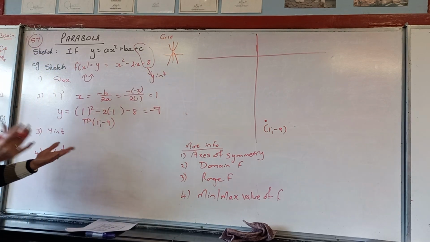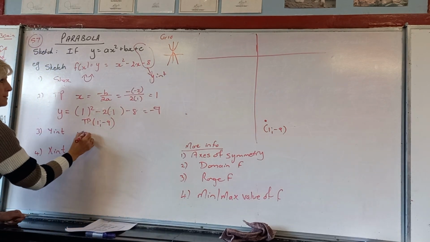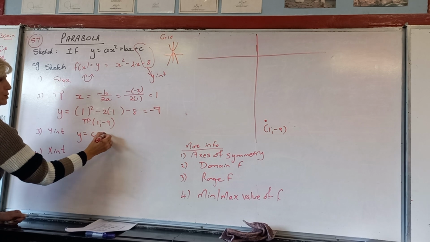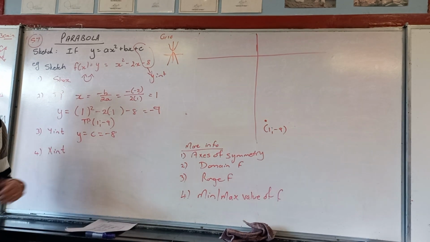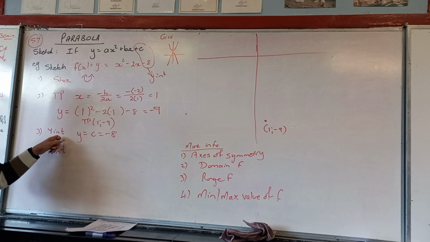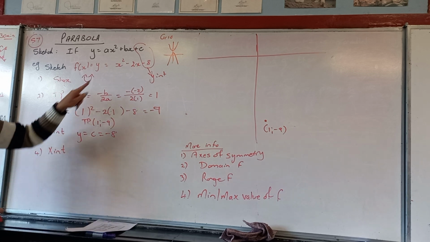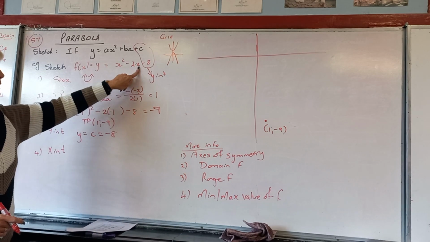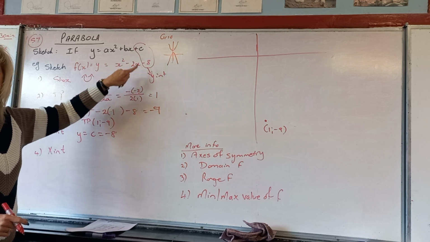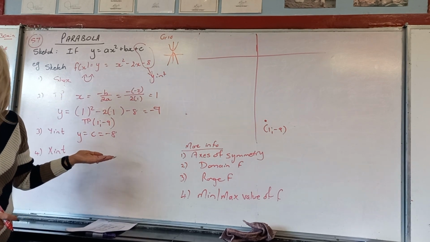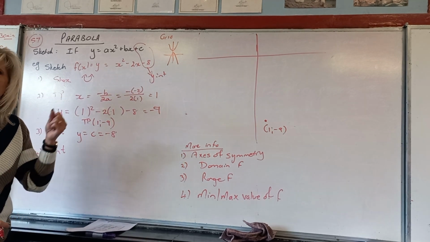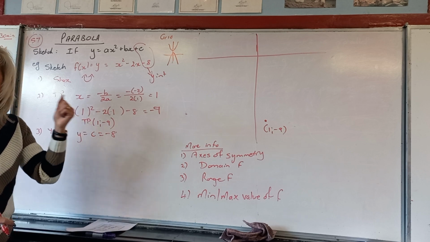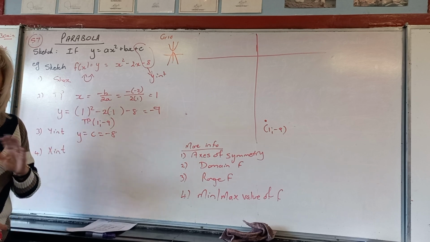So if you just know it and tell me, ma'am, the y-intercept is, or you can even say c is equal to negative 8, I'm happy with you. But if you did go and say x equals 0, gone. What's the answer? Negative 8. So if all else fails, for the y-intercept, you put x equal to 0. For the x-intercept, you put y equal to 0.